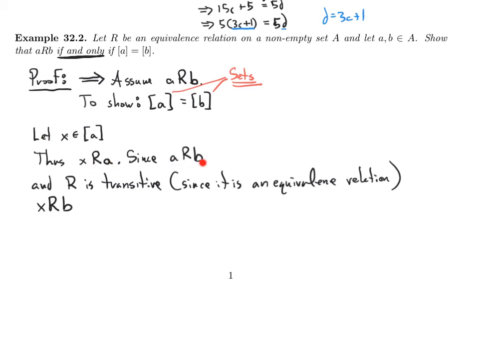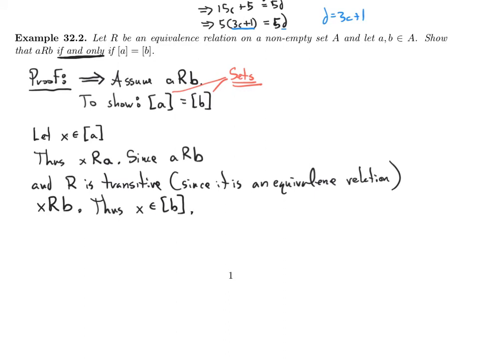We know A is related to B by assumption. And R is an equivalence relation, so it's transitive. So X is related to A is related to B, so therefore X is related to B. And that means that X is in the equivalence class for B, since it's related to B. Awesome.